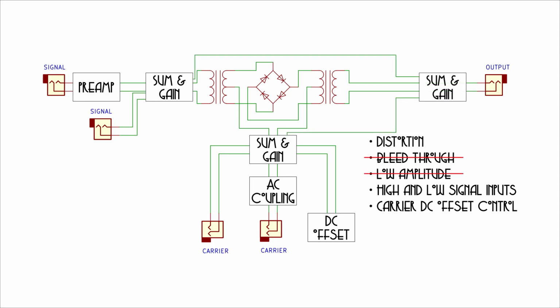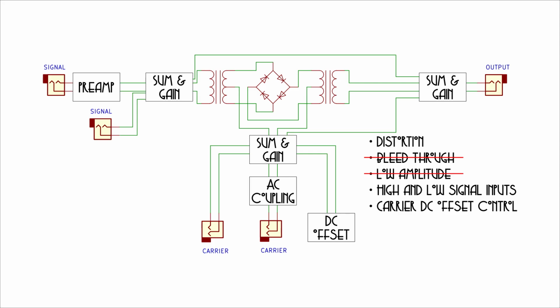Then on the output side, there's yet another gain stage. In this case, it's amplifying the output of the transformer in order to restore some of the amplitude that you lost earlier on. But there's also a connection back to the signal input and a connection back to the carrier input.